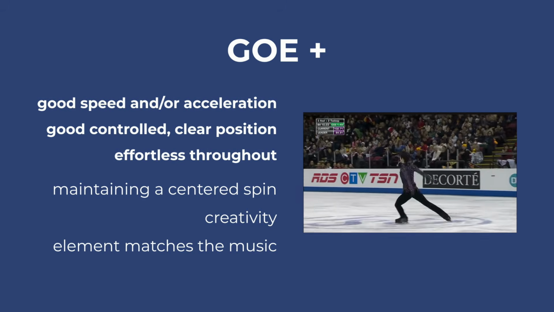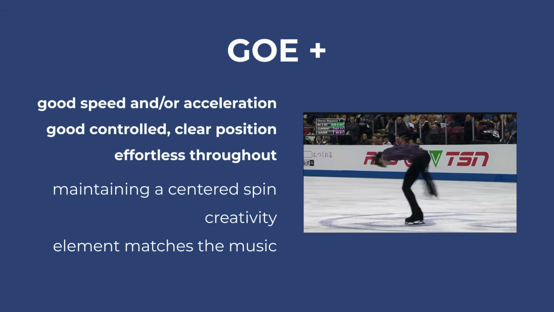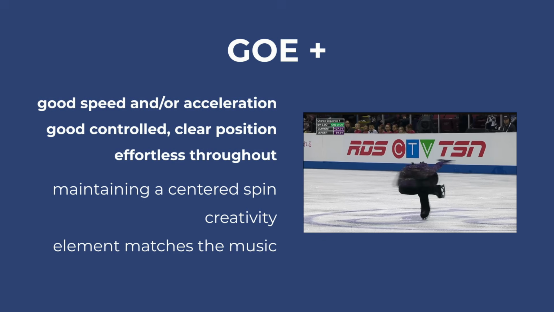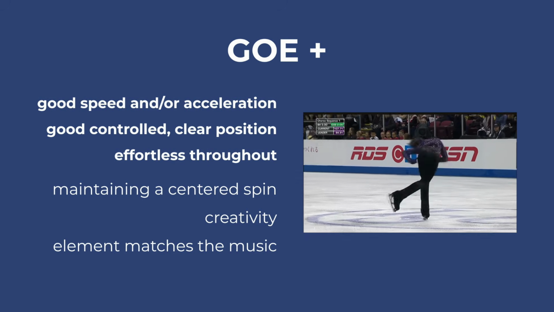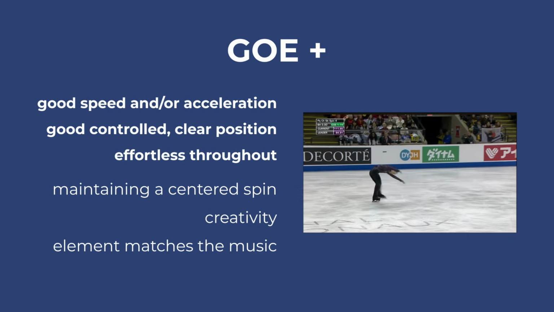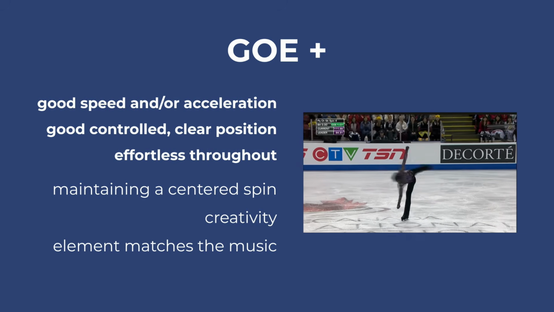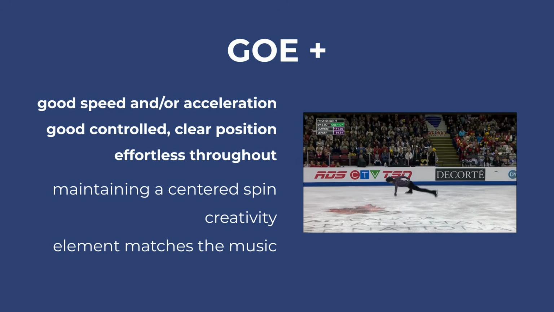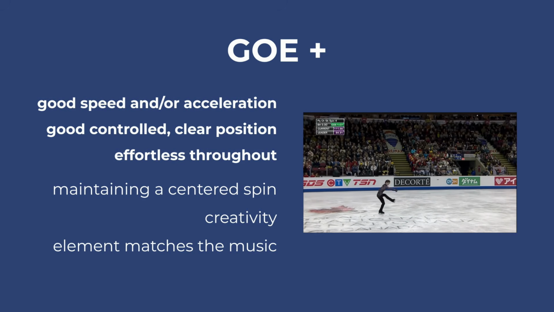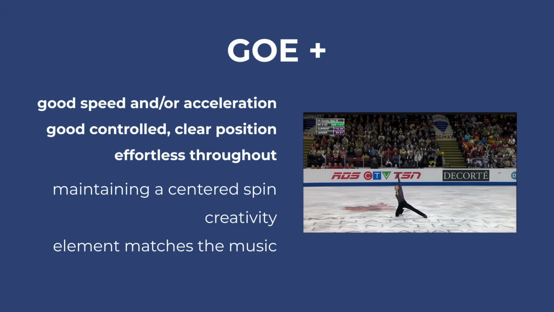To receive a positive GOE for a spin, the judges consider the following points: good speed and or acceleration during the spin, controlled and clear positions, effortless execution, maintaining a centered spin, creativity, and the element must also match the music. The judges put even more focus on the first three bullet points highlighted in bold, as they all must be present in order for the spin to receive the highest GOE options of +4 or +5.